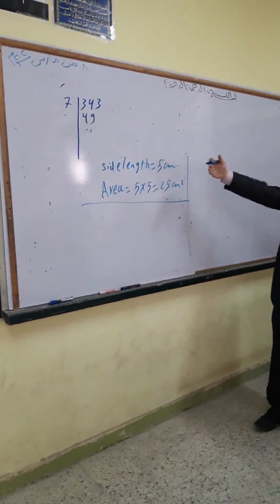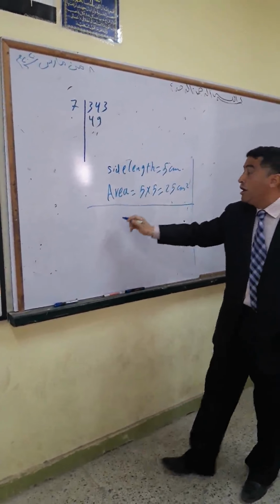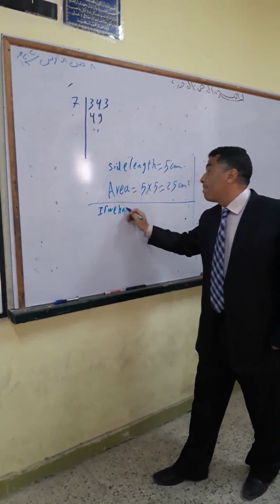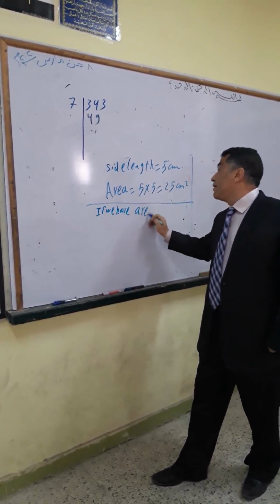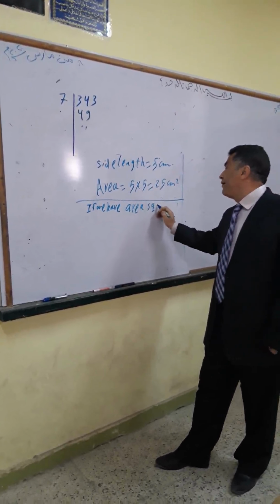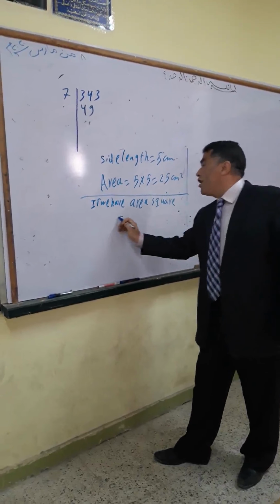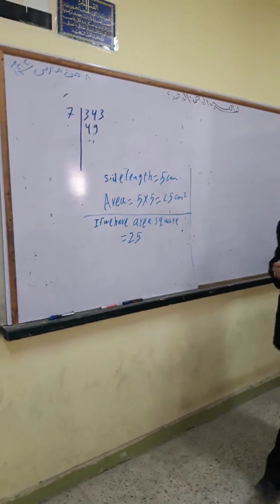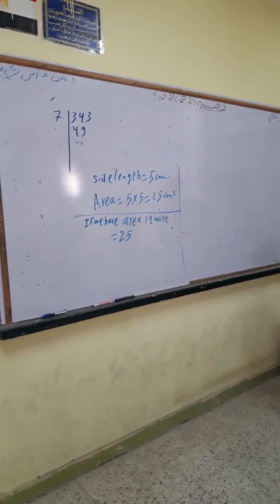Conversely, we want to convert this rule. If we have area of square equal 25, how can I find the side length?